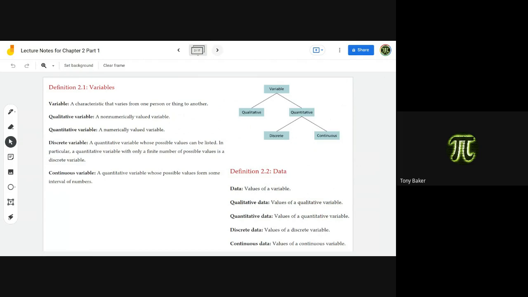A discrete variable actually can be both qualitative and quantitative, all right? Like hair color, there's only a certain number of different hair colors you can have. I know that's growing greatly with dyes and stuff like that, but eye color is the same thing. There's only a certain number of eye colors you can have. So those are discrete variables because there's a specific number of them.